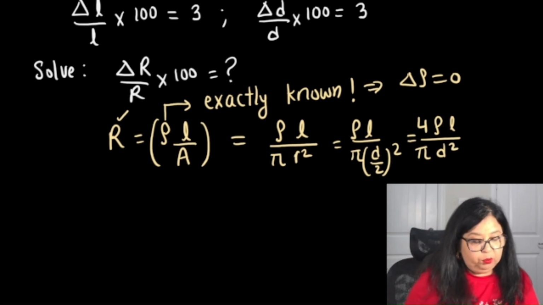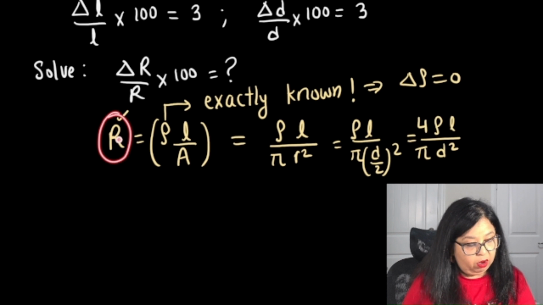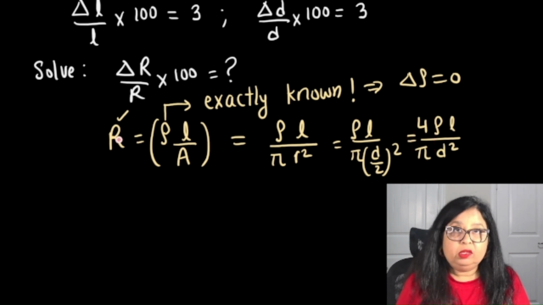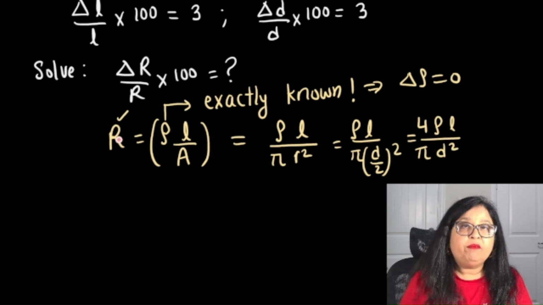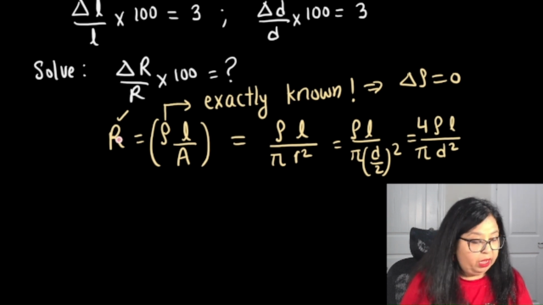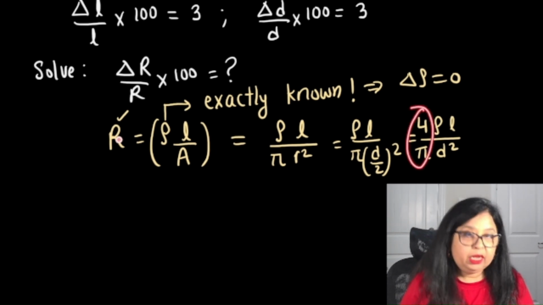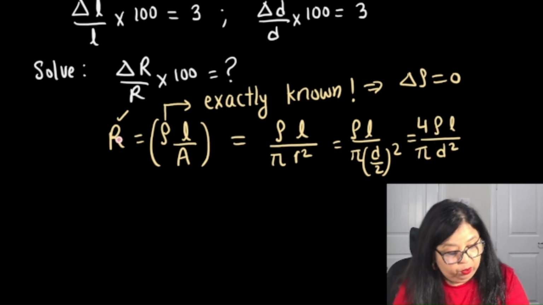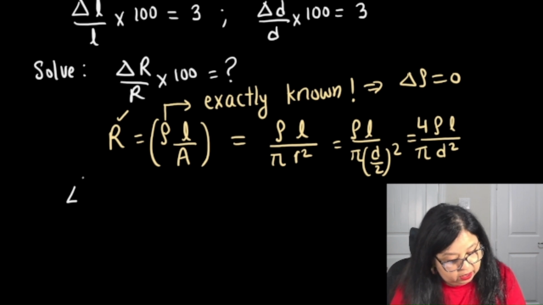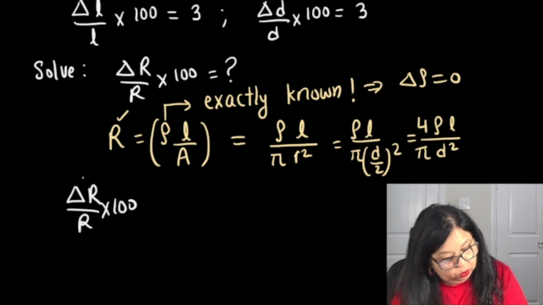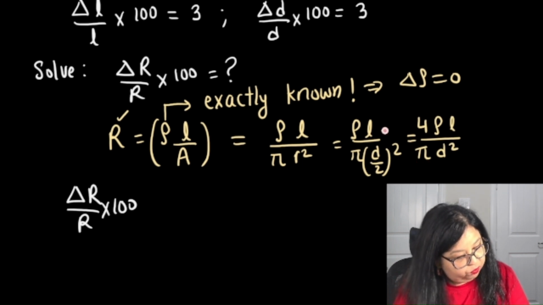Now when we write down the percentage error in R, you're going to see that this 4 over pi are constants, and constants do not have any uncertainty associated with them. There's absolutely zero error associated with this 4 over pi. So when we write down the formula delta R over R times 100, we're going to disregard this 4 over pi.